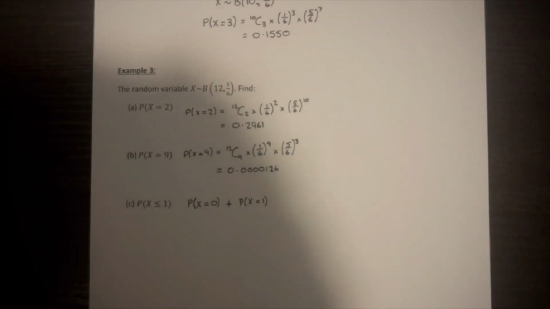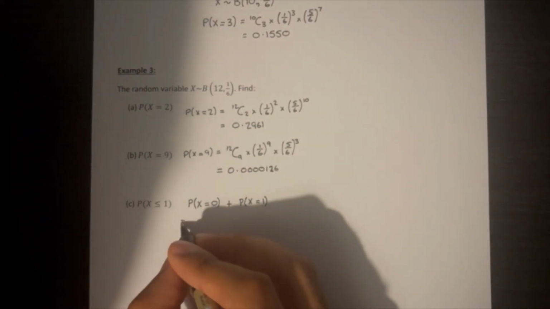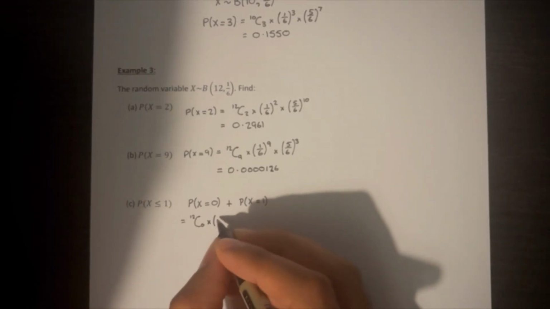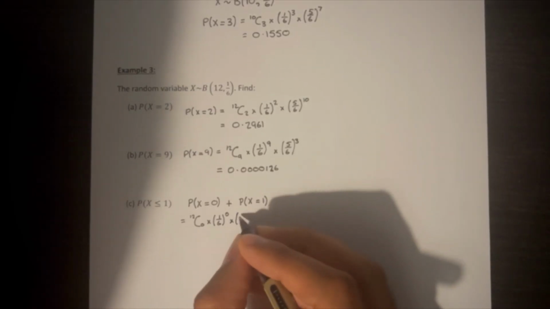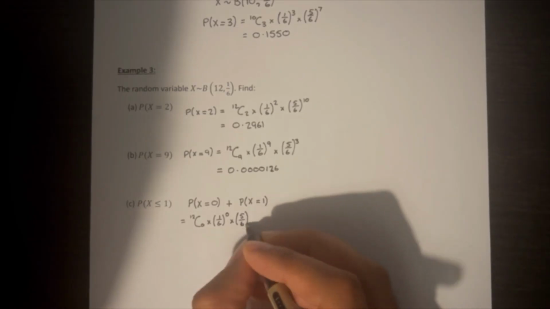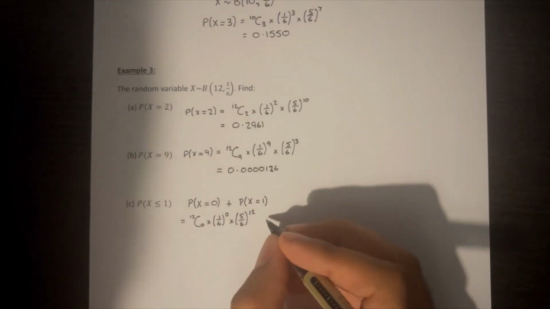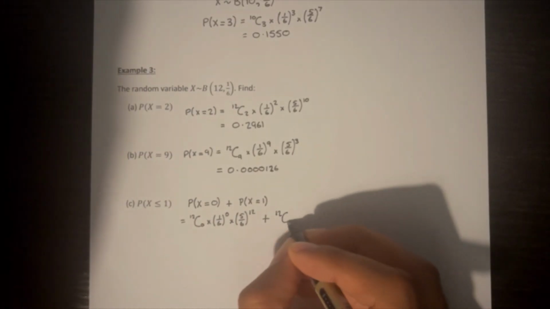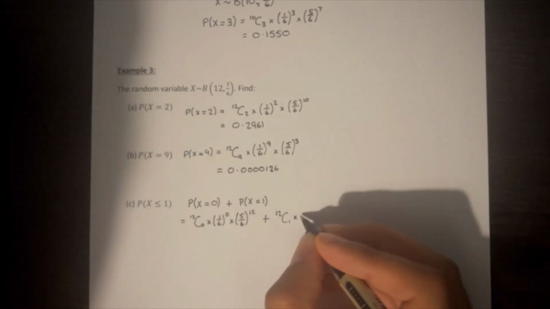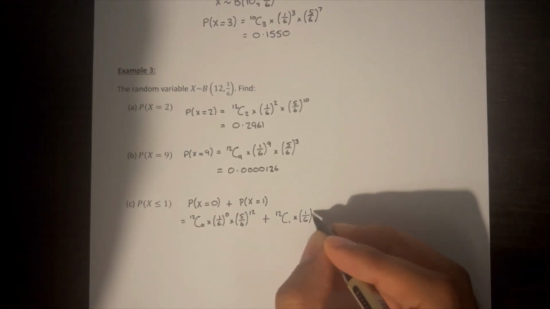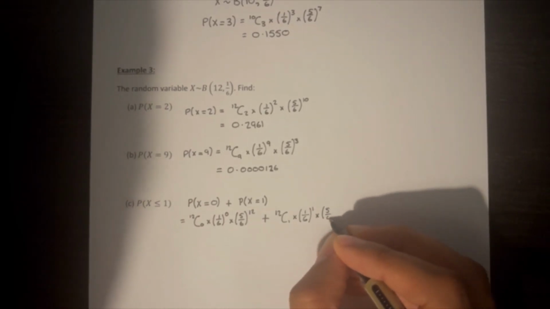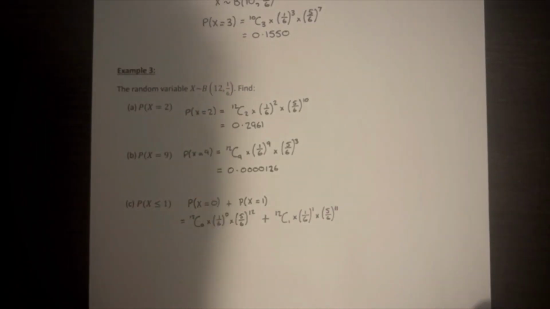So the probability that x is equal to 0 is 12C0 times 1/6 to the 0 times 5/6 to the 12. The probability that x is equal to 1 is 12C1 times 1/6 to the 1 times 5/6 to the power of 11.